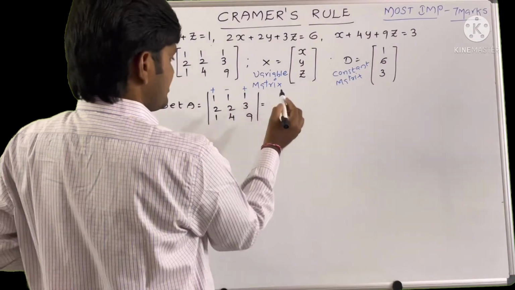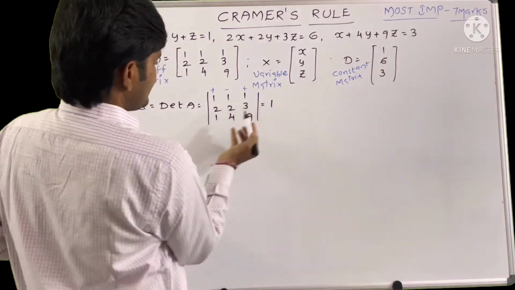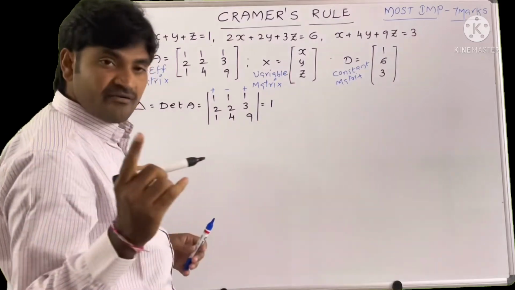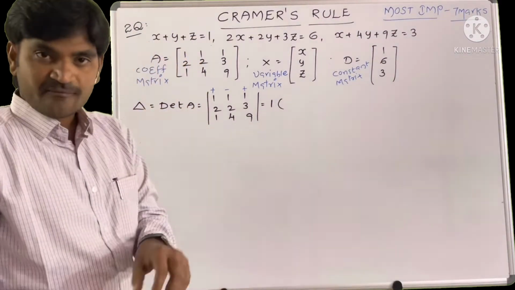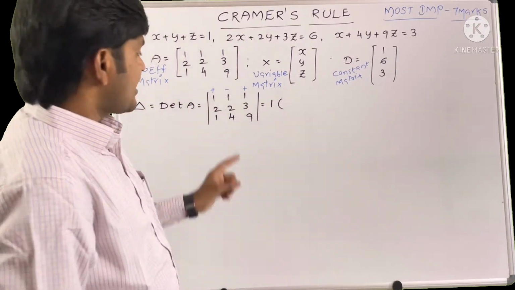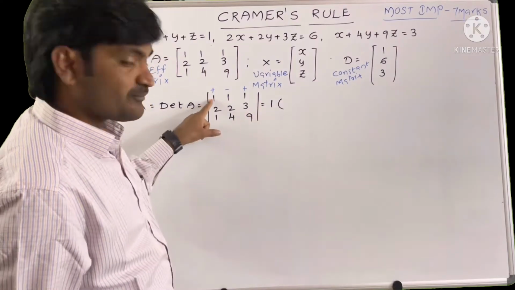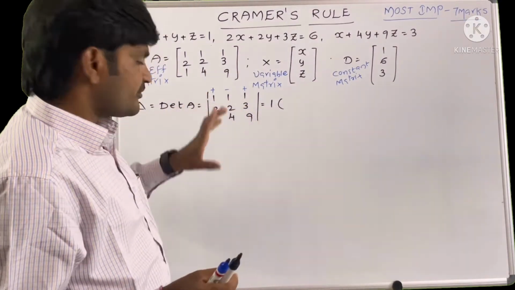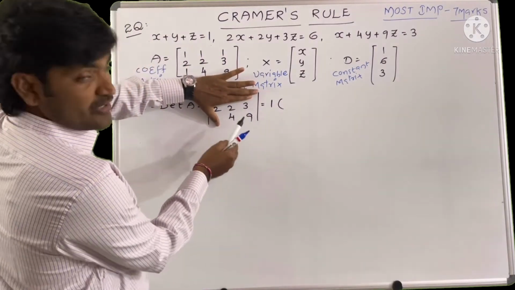Expansion starts, that is 1 plus into 1, 1. Now the expansion: we delete the row and column where the 1 is present. Row and column removed, and only these 4 elements remain.